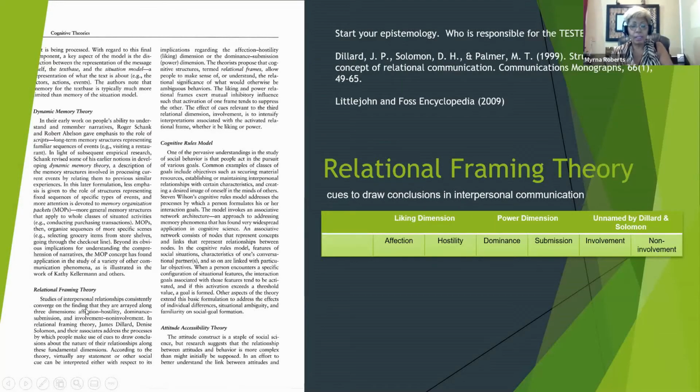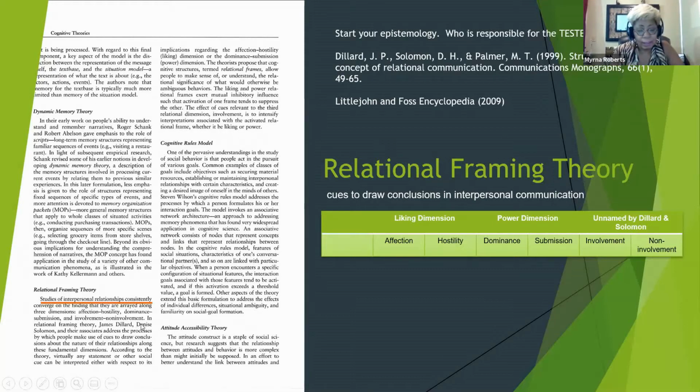I'm going to use that little piece of that theory to show you how to construct a framework for your theory. Okay, so on page 114 of our encyclopedia, it introduces relational framing theory.